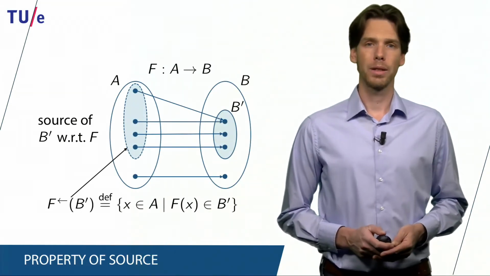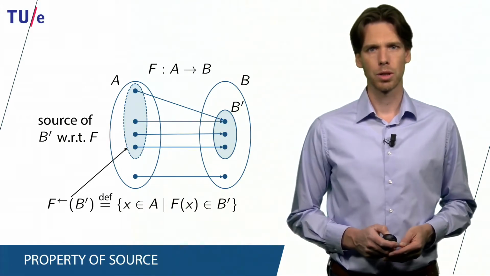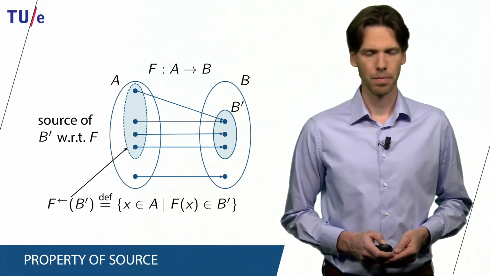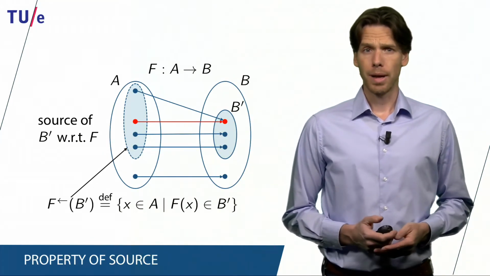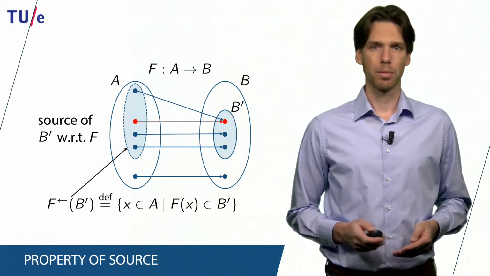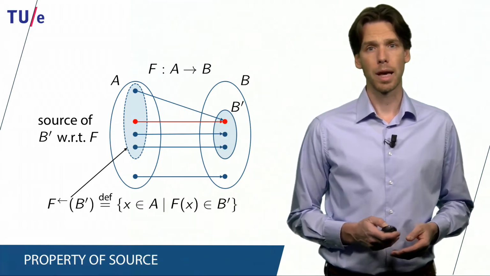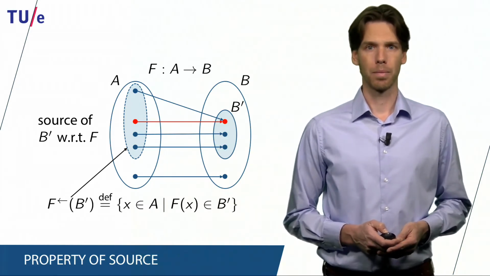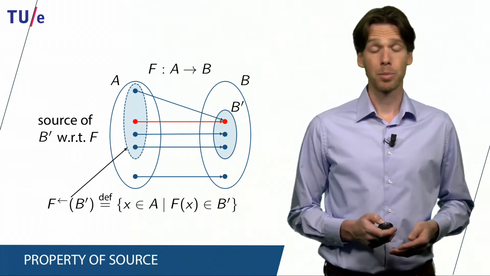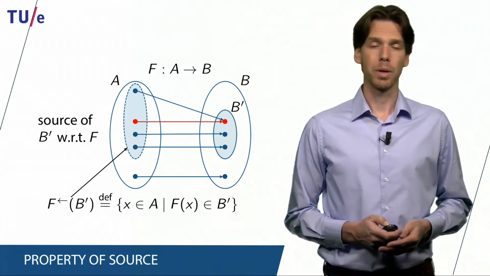We proceed to formulate a general property about source that we can use in reasonings. Suppose that we have an element that is in the source of some set B', then clearly F maps this element into B'. And conversely, if F maps an element into B', then it will be in the source of this B'.